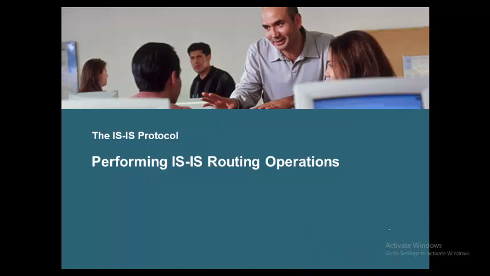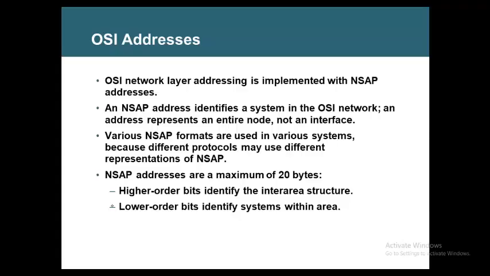Performing ISIS routing operations. Yesterday I was telling you about the NET ID, that there are many portions. For example, 47.0010 is what I put as the area ID. And then we have 6 bytes of system ID.